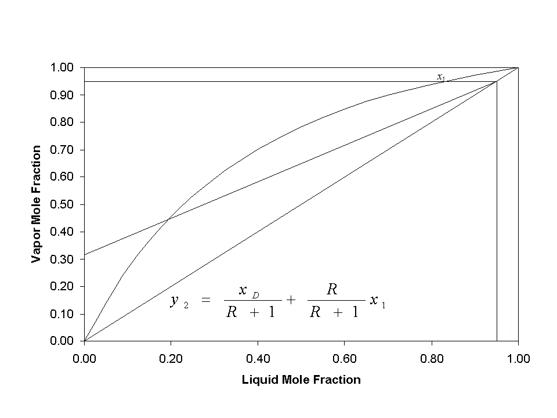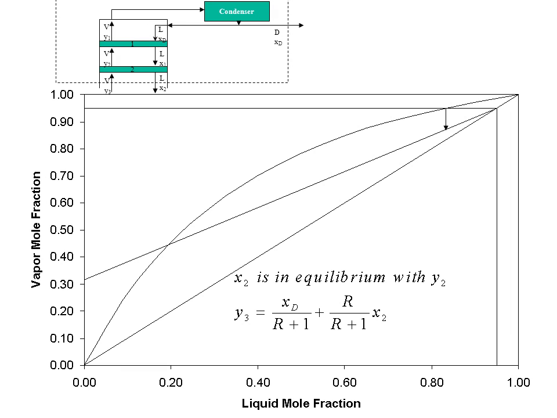We know x sub 1 from our equilibrium curve, so we can determine y sub 2 by dropping that value straight down to the operating line which we generated. Now that y2 is found from our operating line, we can look at our second stage and note that x2 is in equilibrium with y2.